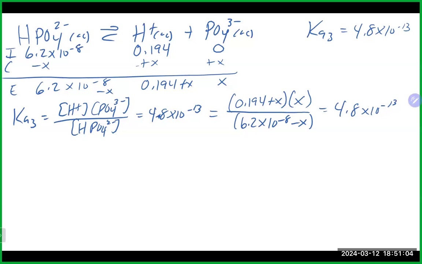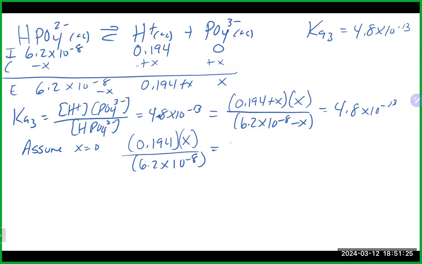Once again, we've been pretty good on our assumptions, so why not continue that pattern? We're going to assume that x is equal to 0. That is going to reduce this down to 0.194 times x divided by 6.2 times 10 to the minus 8 equals 4.8 times 10 to the minus 13.